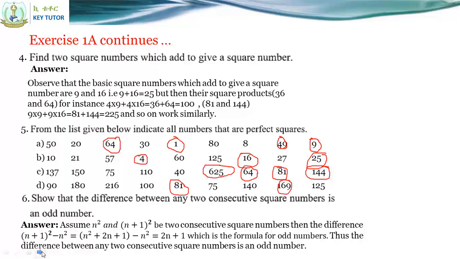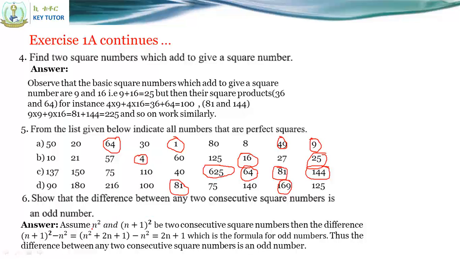Show that the difference between any two consecutive square numbers is an odd number. Previously, with the help of a figure, we were able to determine this is true. That means the difference between two consecutive perfect squares is an odd number. Now let's check this by using an arbitrary number.